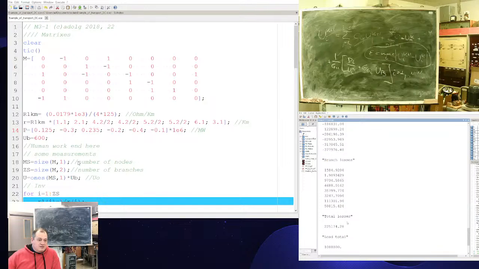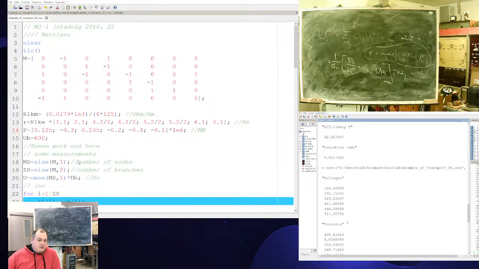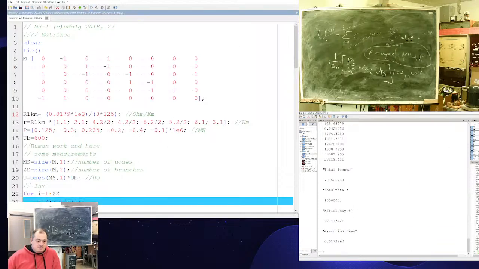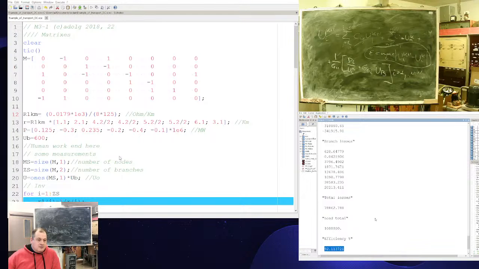77. Not a good idea. You know, boss, this network, we need to put more money in the network. See? 92. And voltages are closer.